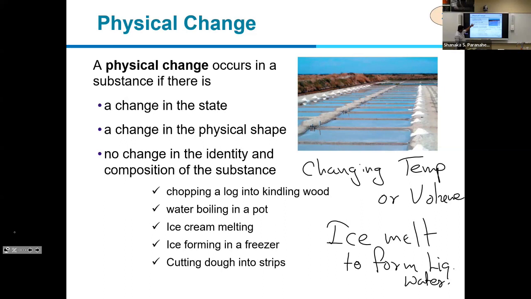Change of shape, like chopping a log into kindling wood. You're changing the shape, so it's a physical change. Again, ice cream melting is a change of state, water boiling in a pot is just a change of state, going from liquid state to gaseous state. Ice forming in a freezer is a change of state. Cutting into strips is again a change of shape.